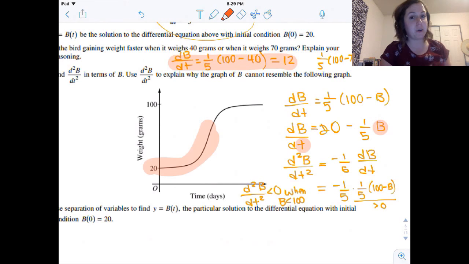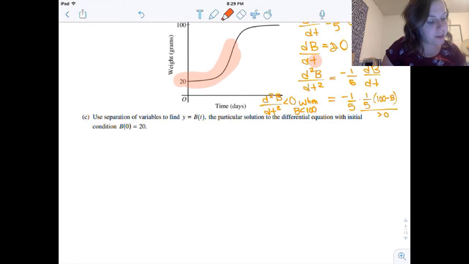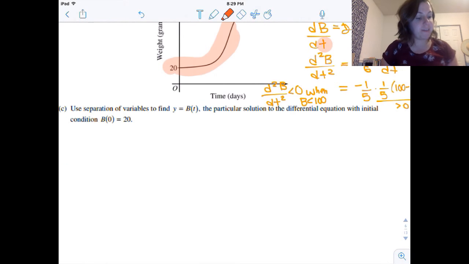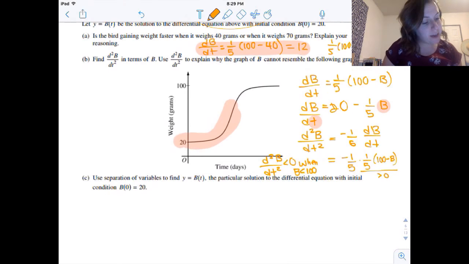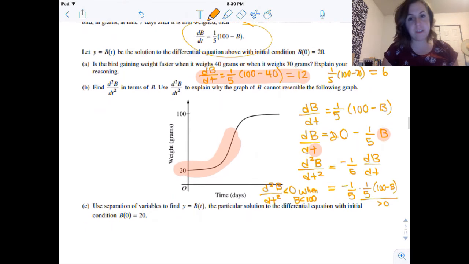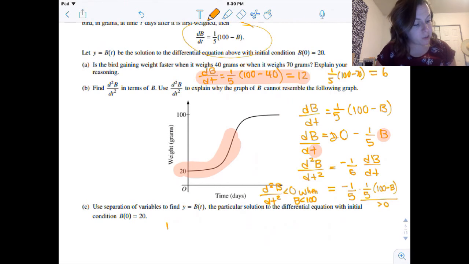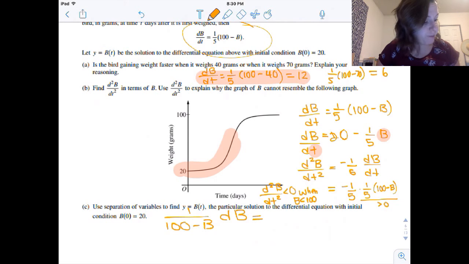All right, and then the last one: use separation of variables to find this. Okay, let's do it. So I've got 1/5 times 100 minus B. I'm going to move 100 minus B over to the other side with dB, and then I'm going to do the 1/5 and the dt. So now let's integrate.